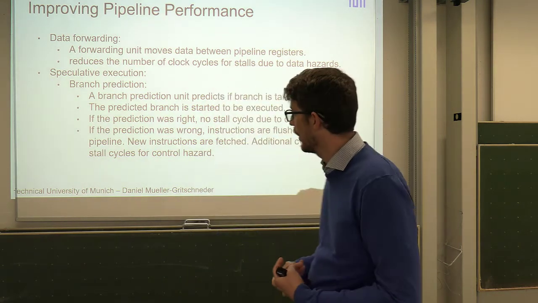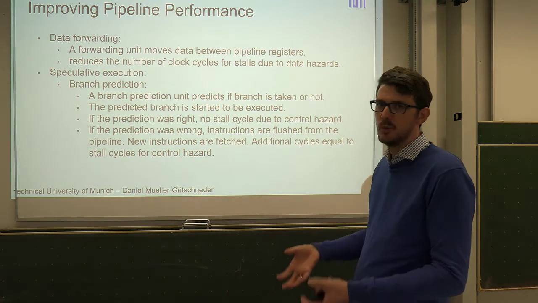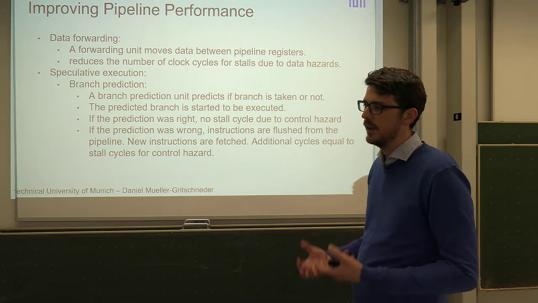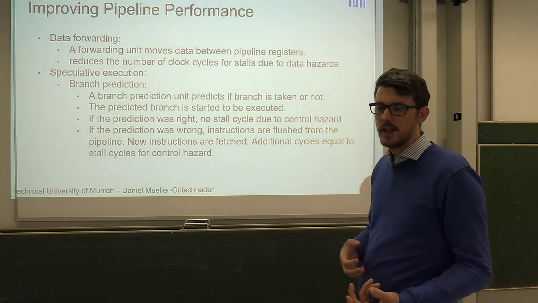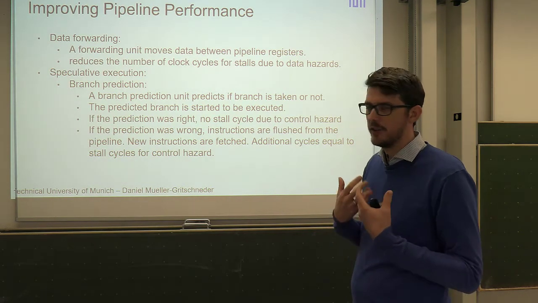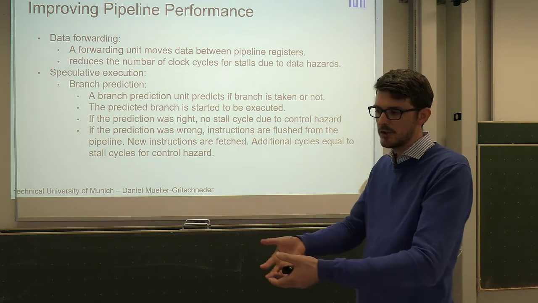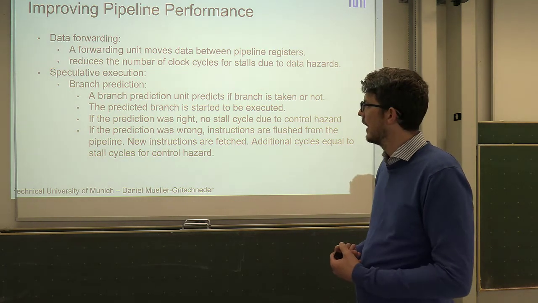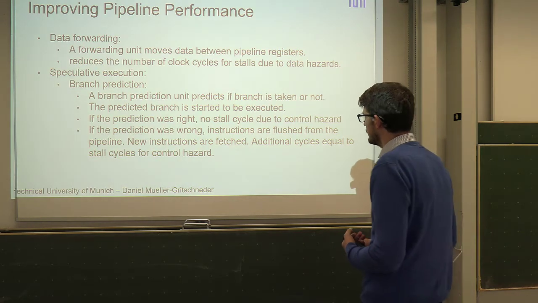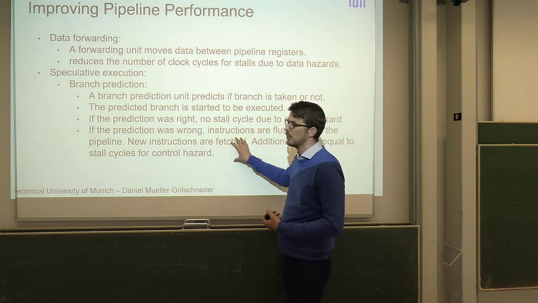If the prediction was wrong, then of course you have to remove the instructions you have already loaded and fetch the new instructions, and this is called a pipeline flush. So you're flushing the pipeline for the instructions you erroneously started to execute, and then you just start the other branch.